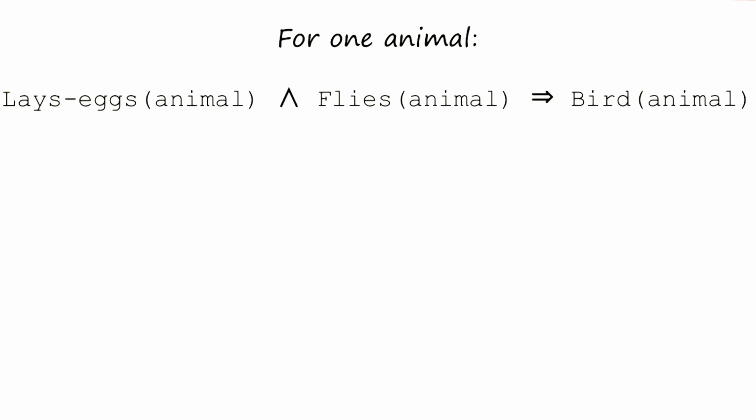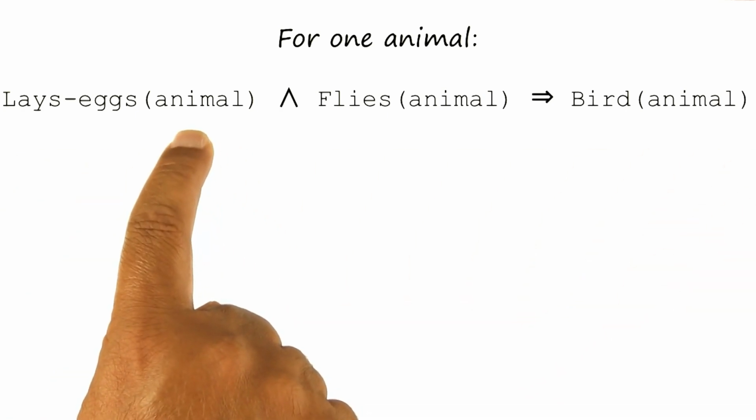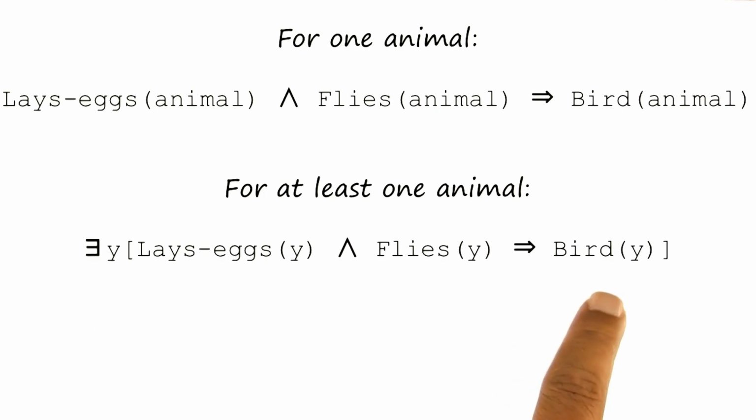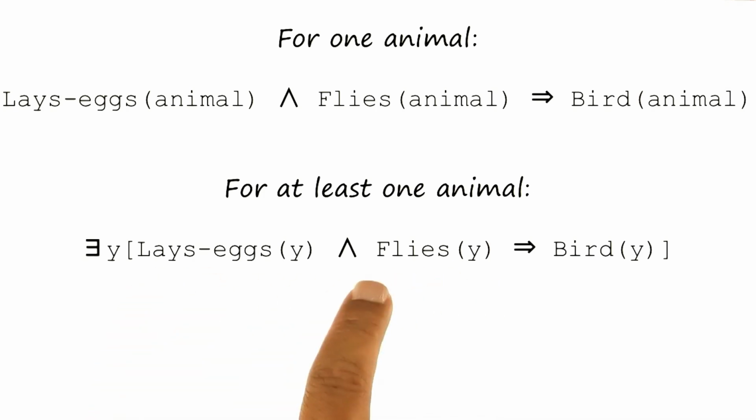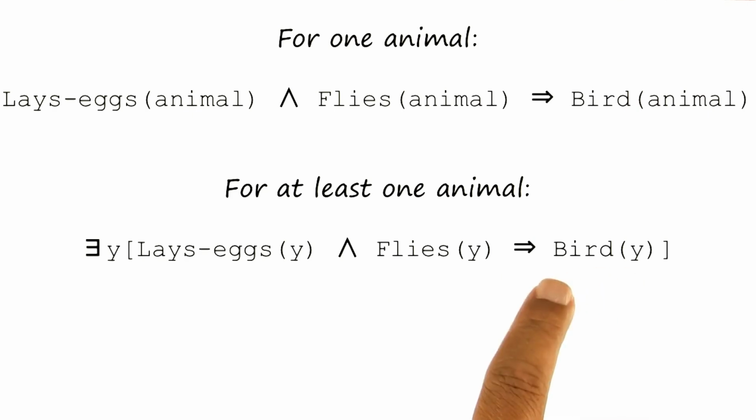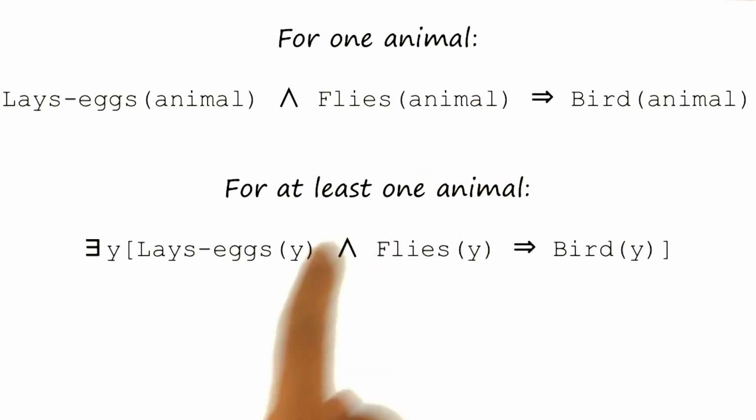Sometimes I might want to specify a different range of the variable. Not all values that the variable can take, but at least some values that the variable can take. So consider again this sentence. Here the animal is referring to a specific animal. Now let us look at the second sentence on the screen. And this sentence has the variable y. It says that if y lays eggs and y flies, then it implies that y is a bird. This sentence is of a very similar form to the previous sentence except for the variable y.